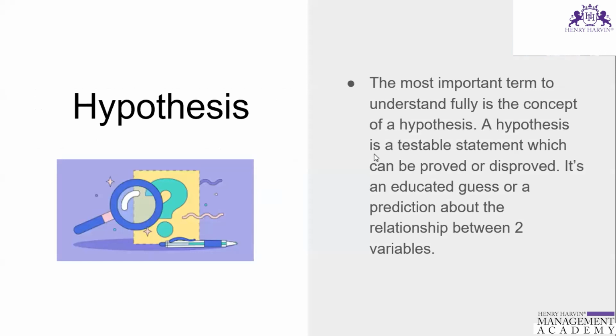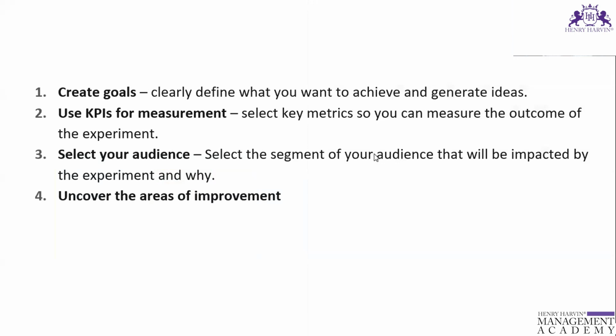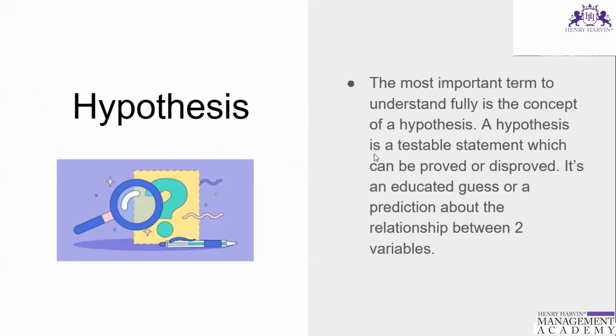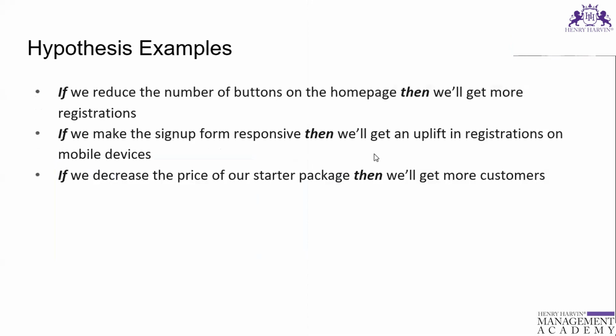Again, we will come back to the hypothesis. When you create goals, we should have some kind of hypothesis. For example, if we reduce the number of buttons on the home page, we will probably get more registrations.